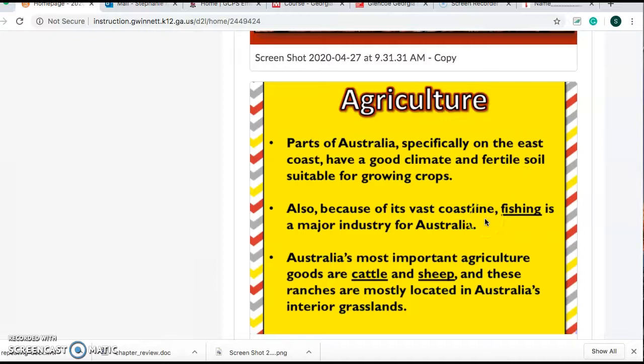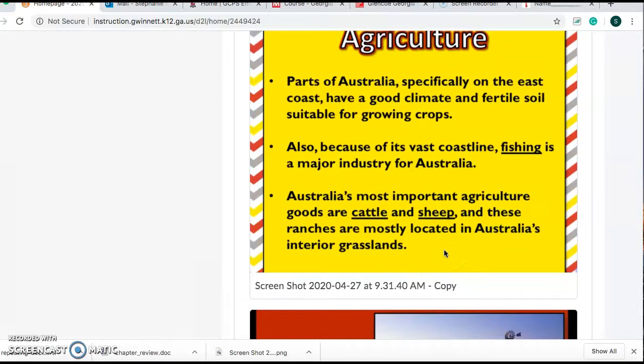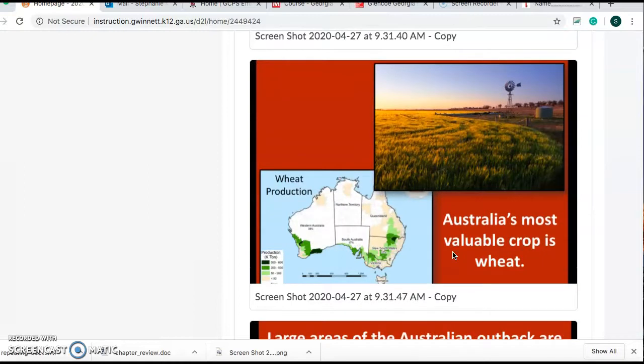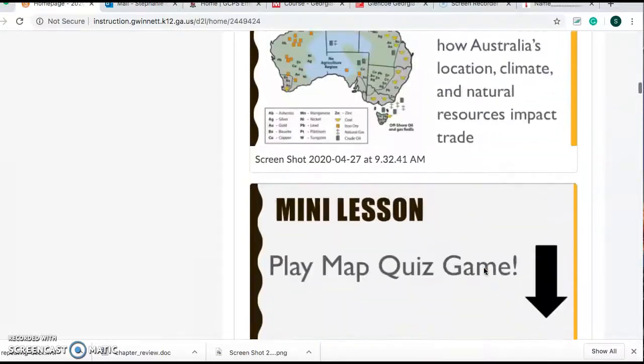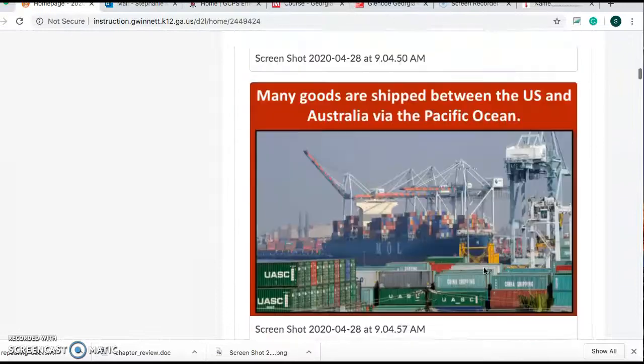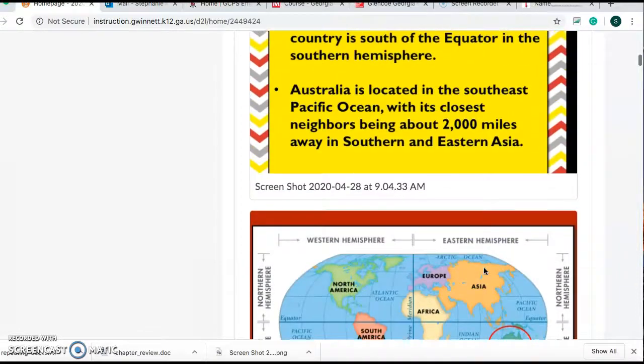They fish, and the most important agricultural goods are cattle and sheep. Their most valuable crop is wheat. Now let's scroll back up and start with today's lesson.